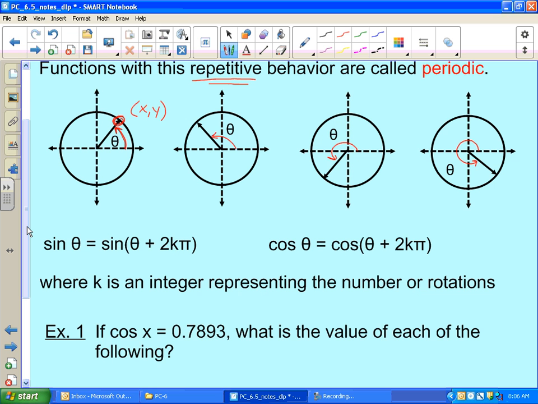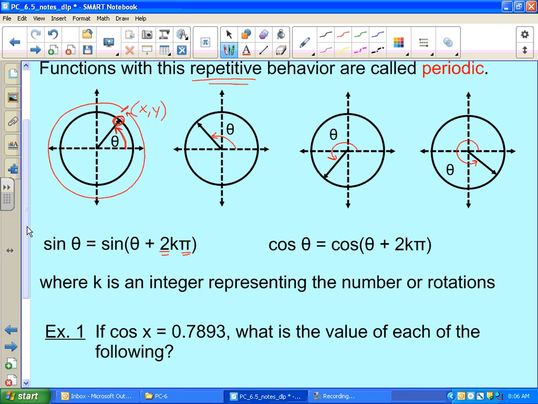But what if we've gone around the circle again in such a way that we started where we left off, and we traveled around the circle in a full rotation and ended up right back where we started? Anytime we travel around the circle, we're talking in radians a distance of 2 pi, or if we're talking degrees, 360.